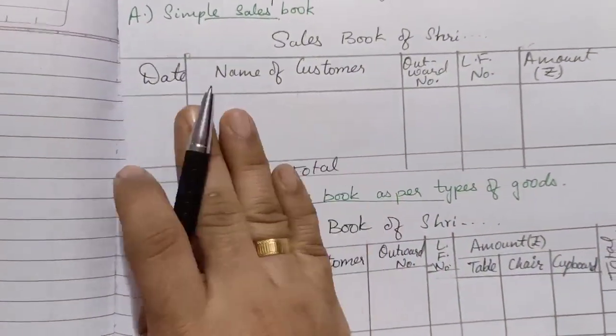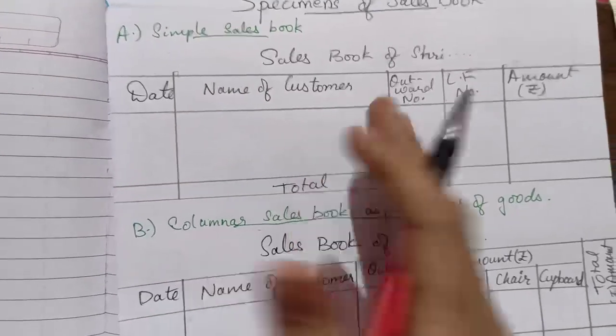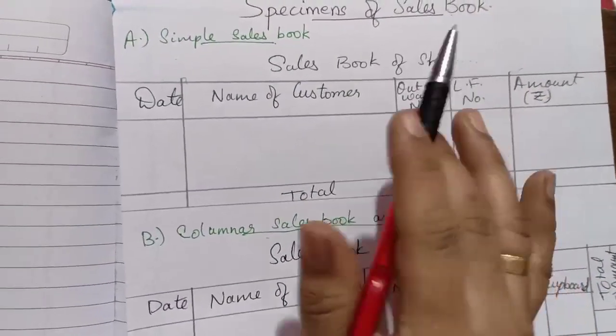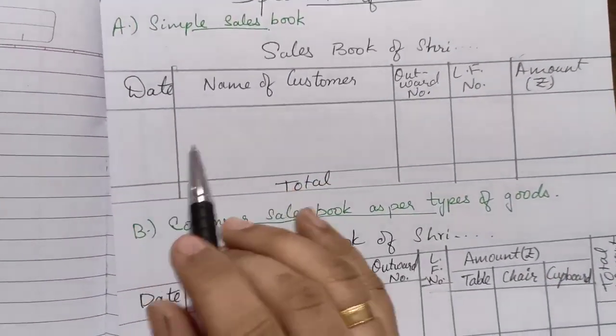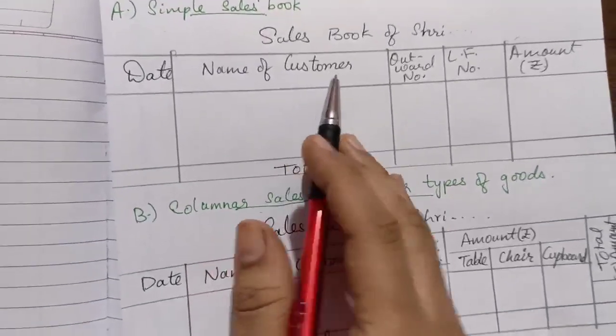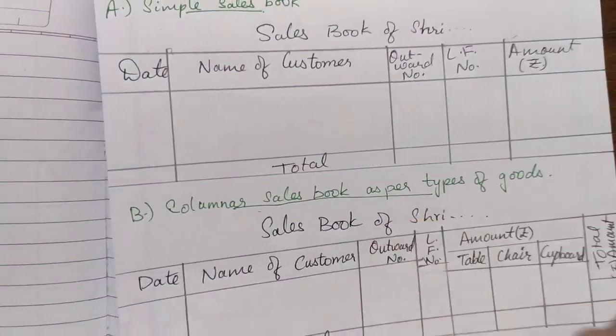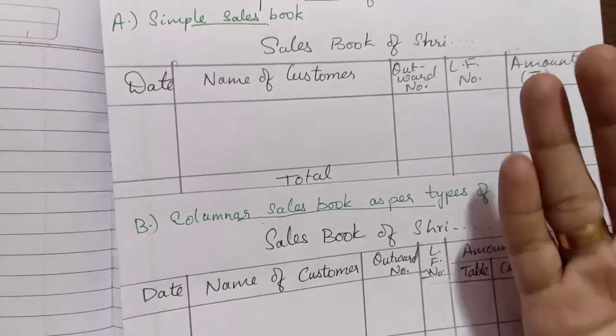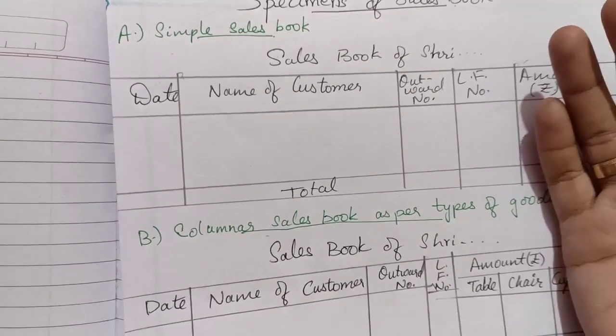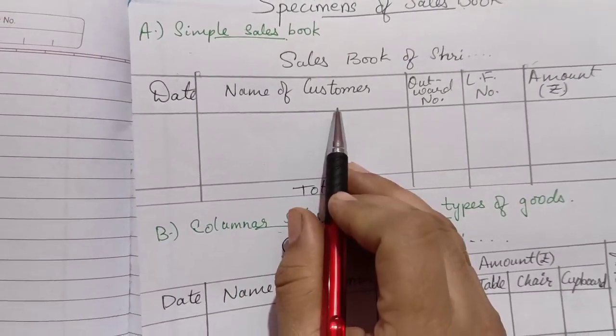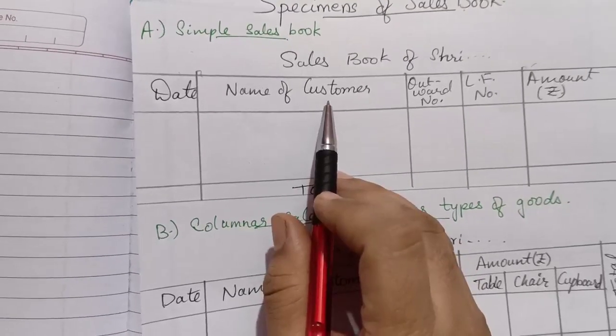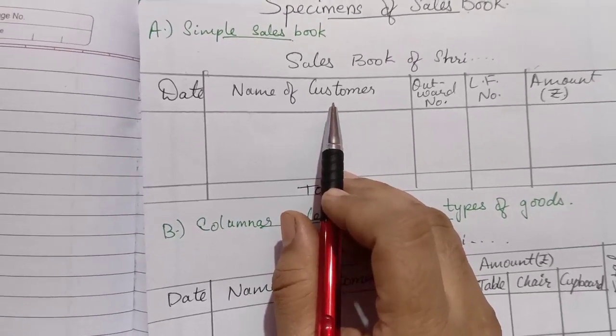Let's first see the simple sales book. First is the date, common everywhere. Then comes the name of the customer. Here it is sales, so we are selling to someone, so that is the customer. So we need to write the name of the customer over here. In the purchase book it was the supplier and here it is the customer.